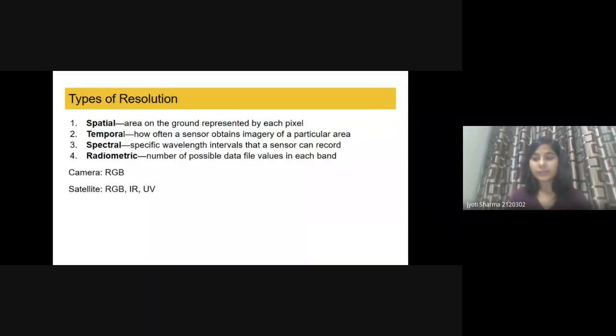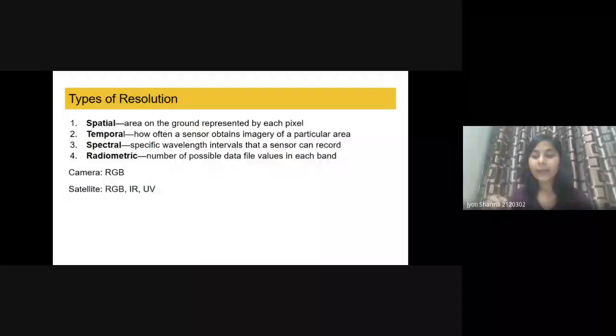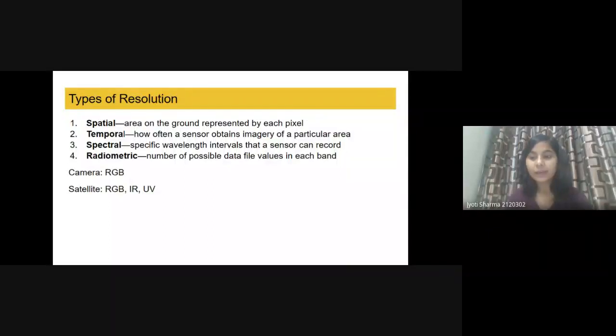For example, we have a state, or let's say the city Delhi, and in how many pixels are we dividing Delhi? For example, if we capture Delhi within only 1 pixel, you will get very blurred information about Delhi.